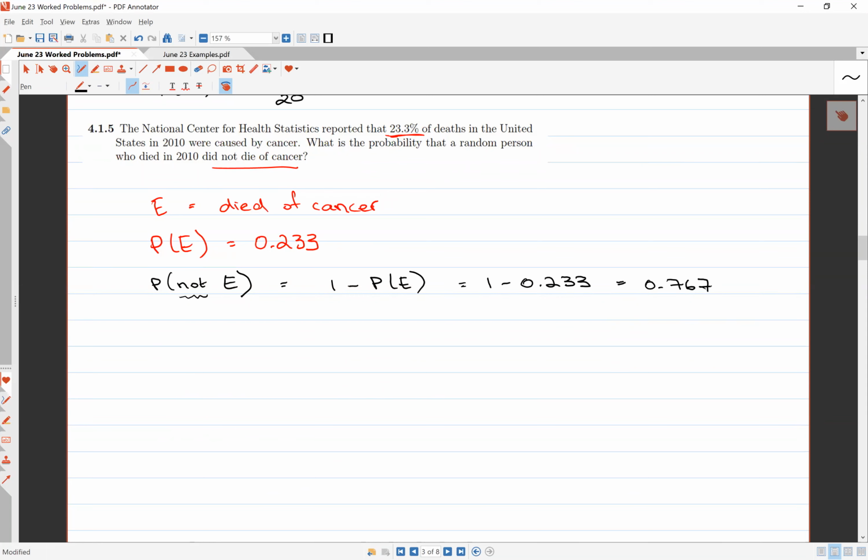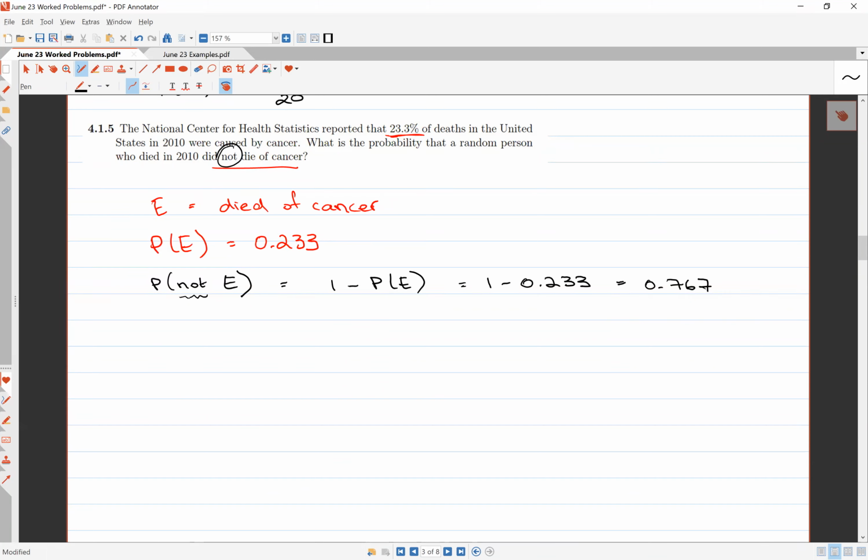So whenever you see the word not, typically you're going to see the information provided is the opposite of the probability you're trying to calculate. Like here, we are being given the percentage of deaths attributable to cancer. But we're not interested in that percent.